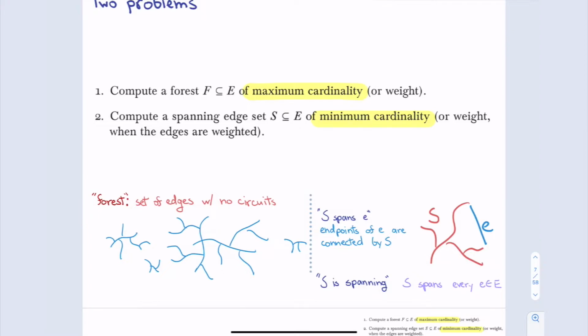Now, the problem I posed to you, this ancient problem of connecting a town with electrical wires, probably sounds more like problem 2. I want to make sure that all the potential places to set wire, all the yellow lines, are spanned by the wires I took.